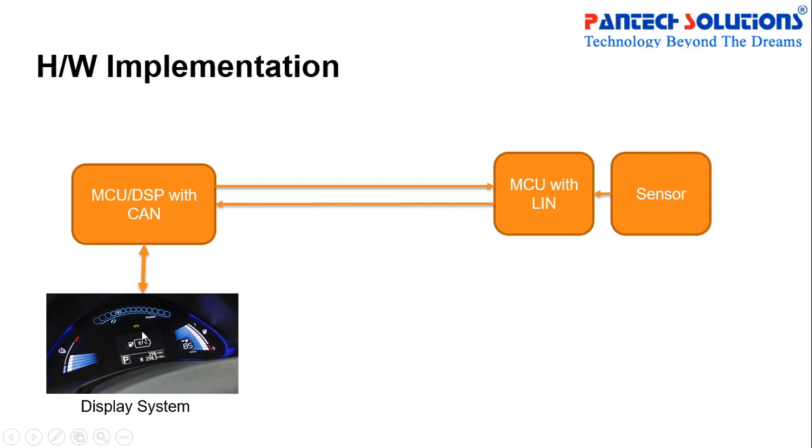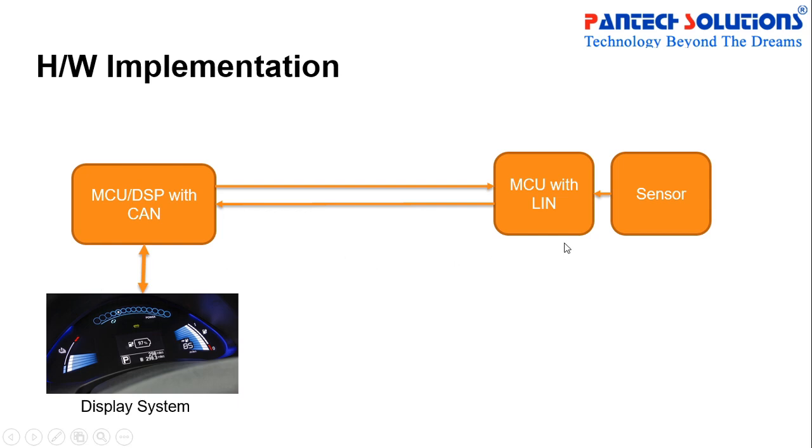That display will have a microcontroller or a DSP, that is a digital signal processor. This model will display the door's status in the cluster model. For that, two types of protocol are used. One is the CAN protocol and the other is the LIN protocol.